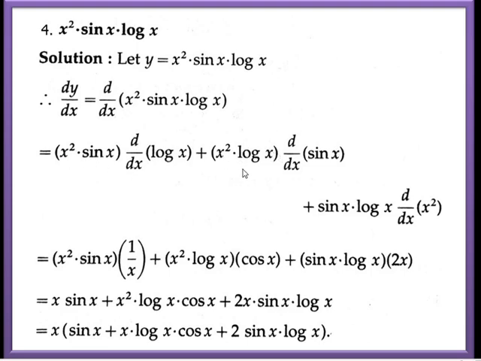Actually, you can use the other result, that consider x square sin x as first function, log x as second function. But in this solution, they have used the corollary, that if y is uvw, then dy/dx is uv into derivative of w plus uw into derivative of v plus vw into derivative of u.